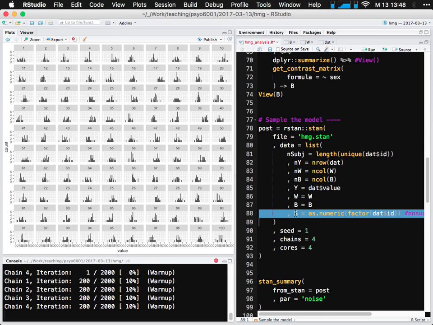And we give it a list of, for every outcome, y, what is the subject that goes with that outcome. And we do this as numeric factor to ensure that whatever was in this ID column gets turned into a set of numbers from 1 through however many people there are, so that this S can serve as an index. It runs through.